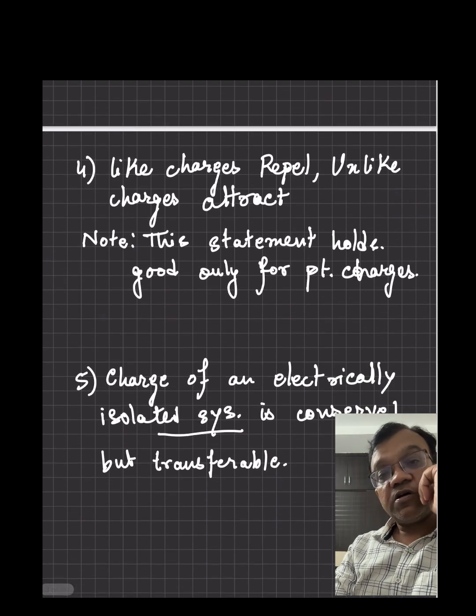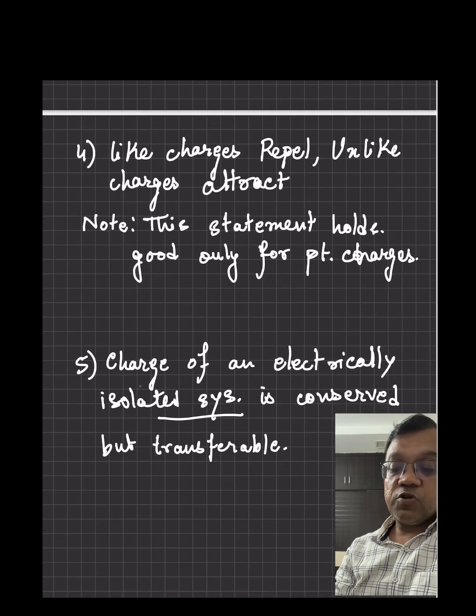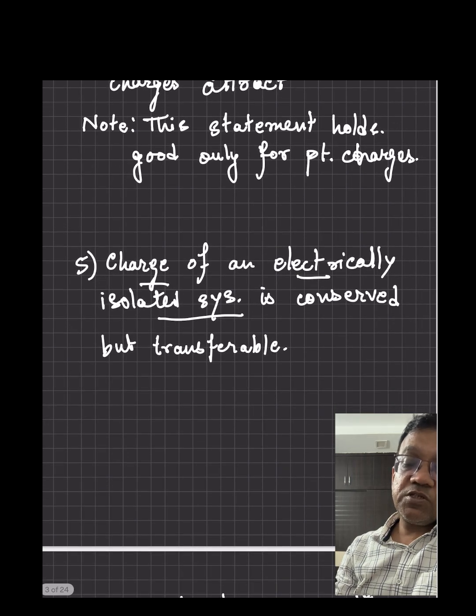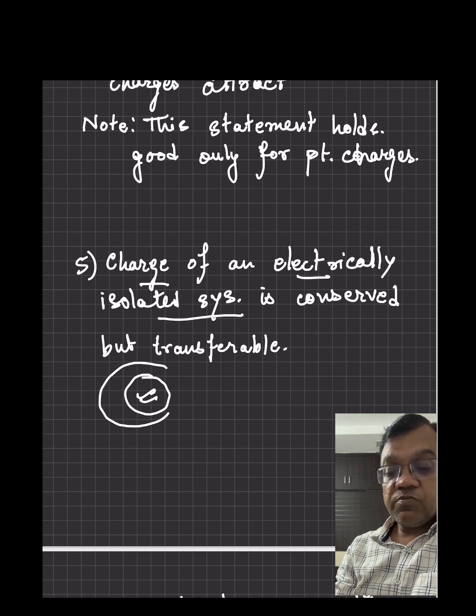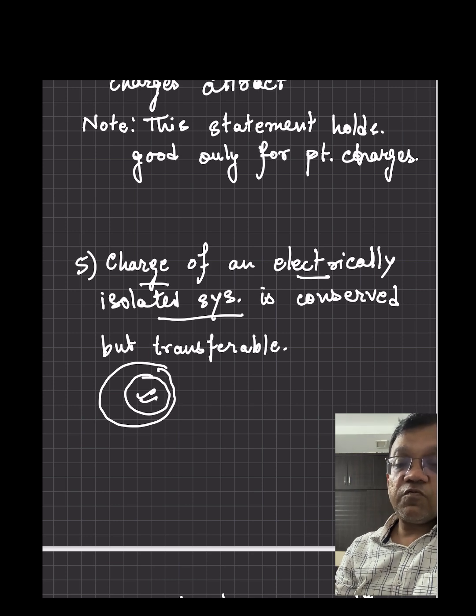Now, the charge of an electrically isolated system remains constant. Electrically isolated system means a system which is not in electrical contact with anything. The charge of this particular system will remain constant and cannot be changed. But charge is transferred from one body to another.